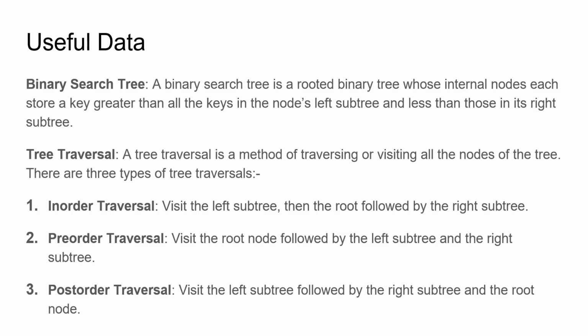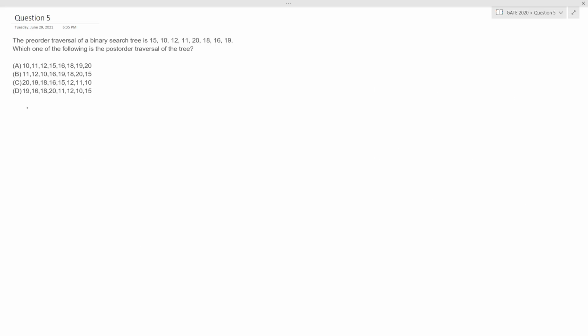Now let us look at how to solve this question. So now we are given a pre-order traversal. So what is a pre-order traversal? For a given tree, we visit the root node first.